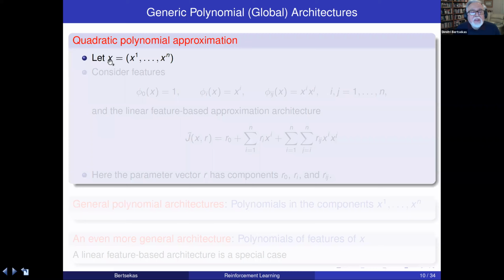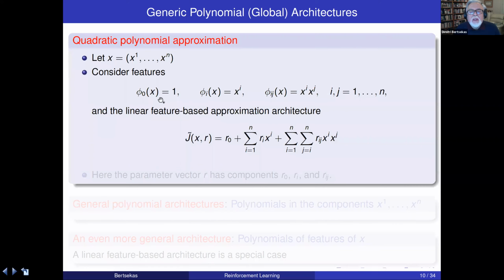Suppose that x, the state, has n components. Let's consider these features, okay? The first feature is just a constant, 1. Then there are n features that are just the n components. And then there are additional n squared features that involve 2 components.